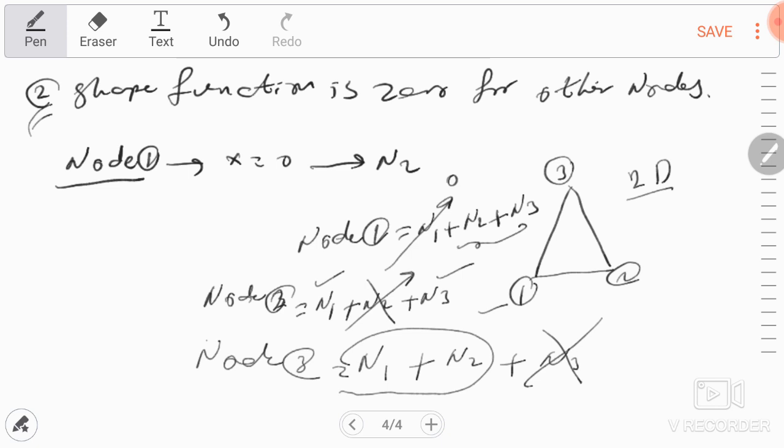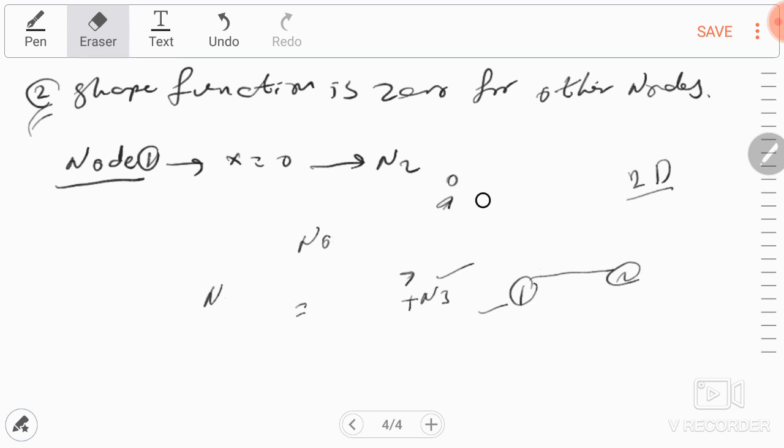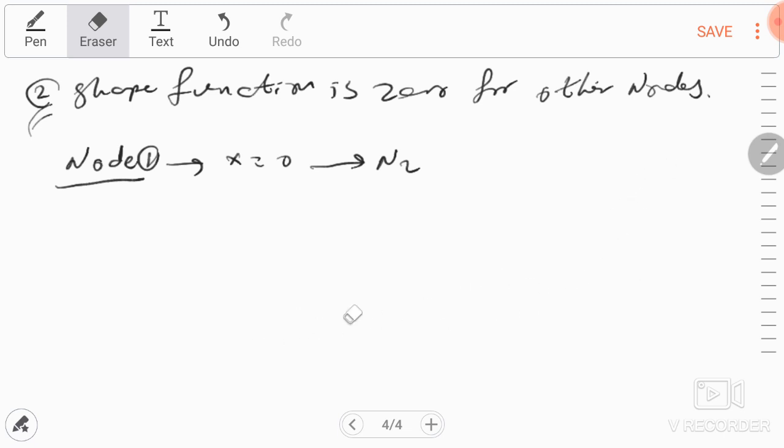So in my example, I have only one element, 1D. Because I don't like to spend more time, I just want to show you the derivation and how to use the criteria.